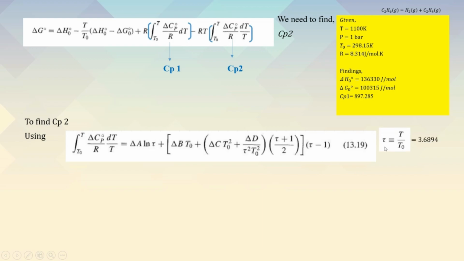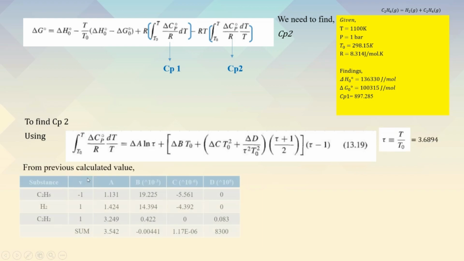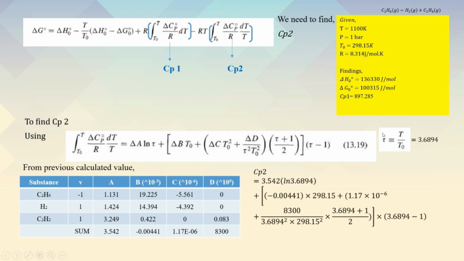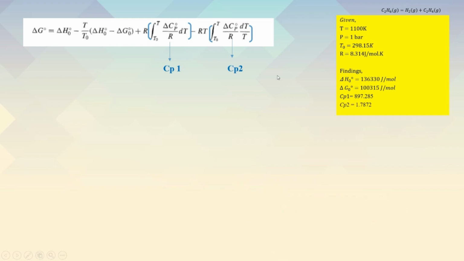From the previous calculated value, we can get all the required unknowns in this equation. By substituting everything into this equation, we will have CP2 equal to 1.7872.